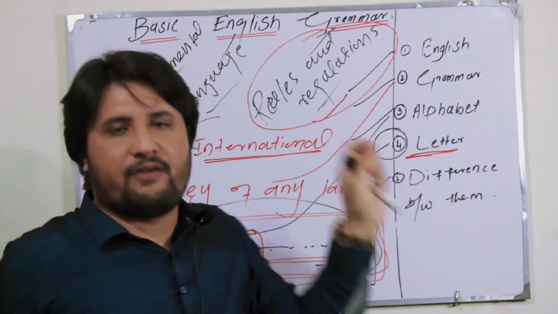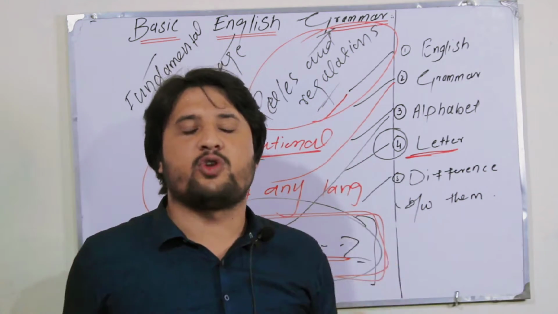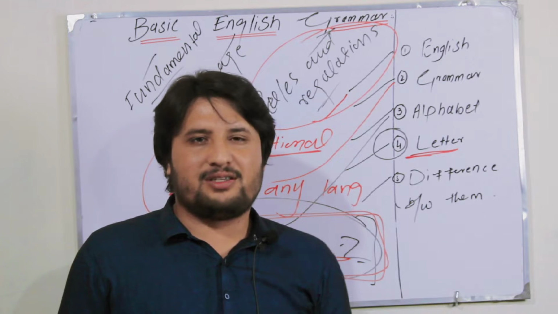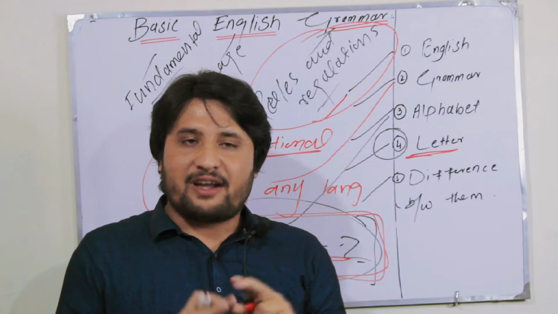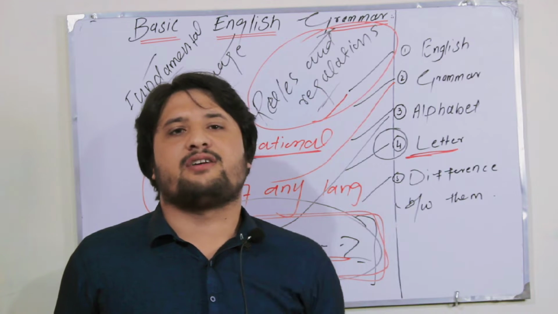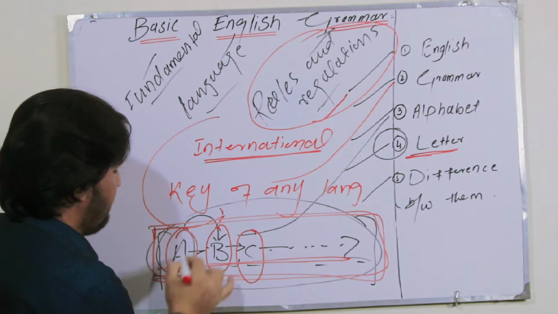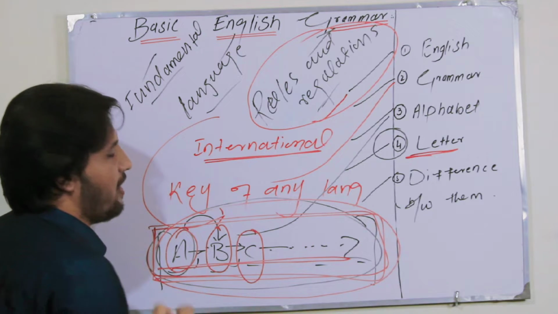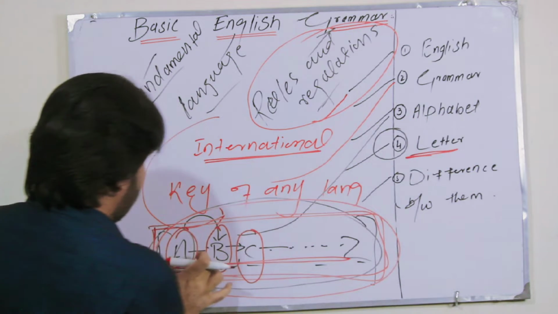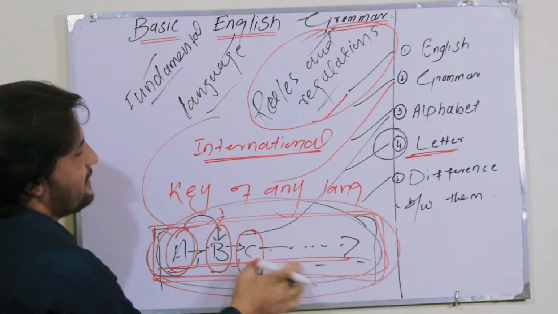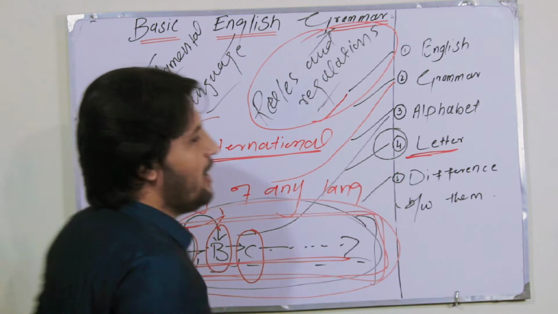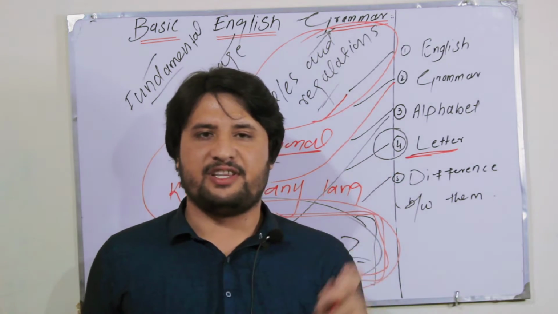Most people I've heard say there is no difference between them, but there is a little difference. We can't call them similar terms because there is a clear distinction: the whole set is called the alphabet, but each entity or symbol in this set is known as a letter. So this is the difference between them.